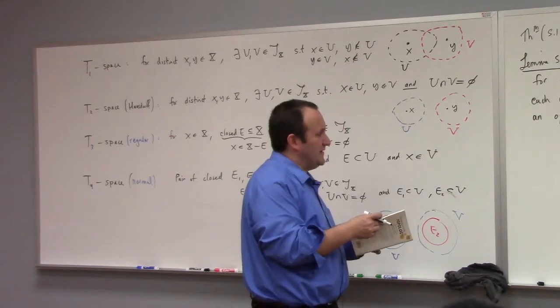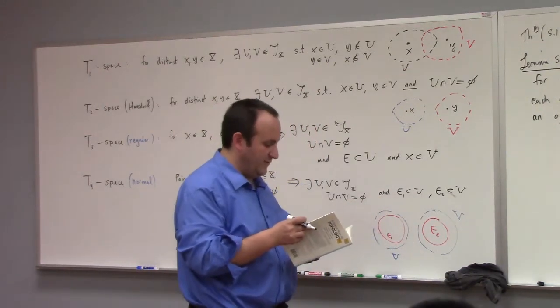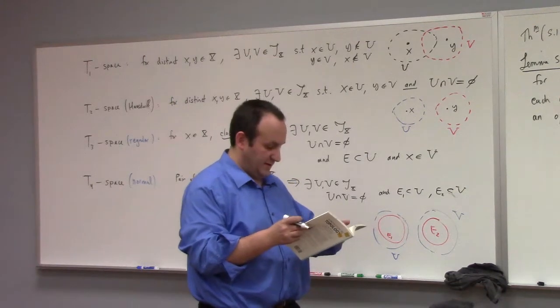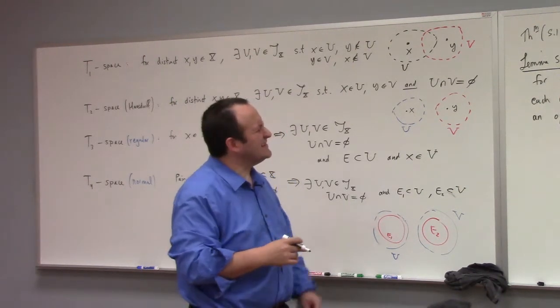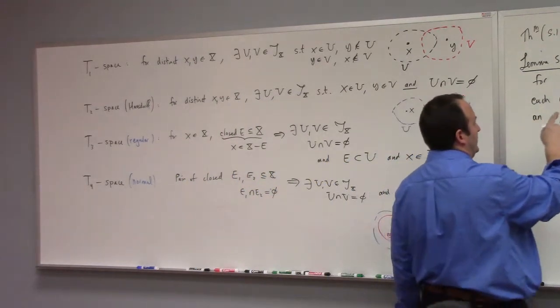The proof of this lemma 5.2 looks relatively innocuous. Proof of 5.1 looks like it would take me a half hour to really flesh out, and I'm not going to do it. But let me see if I can draw a picture for this. What's it saying? It's normal for each closed subset.